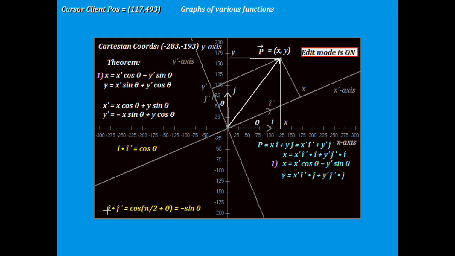We have i dot j prime, i prime dot j, which is this dot this, right? It is going to be 1 times the cosine of the angle between these two, which is again pi over 2 minus theta, right? So cosine of pi over 2 minus theta happens to be equal to plus sine.